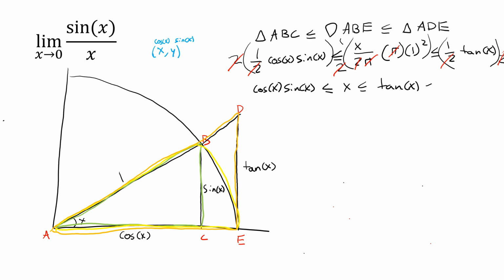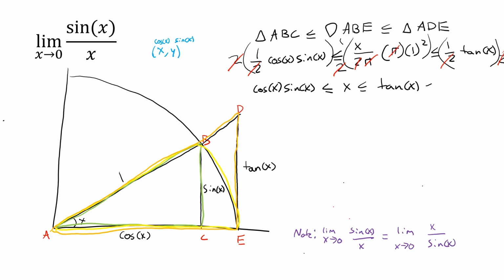So one thing that you should know here is that the limit as x approaches 0 of sine of x over x is equal to the limit as x approaches 0 of x over sine of x.